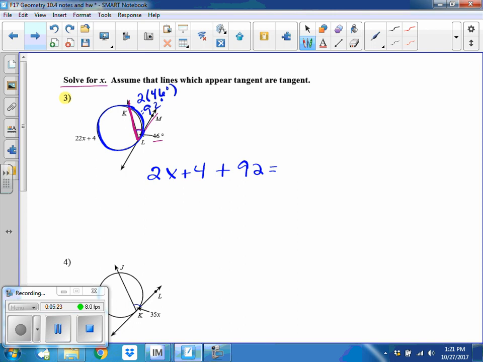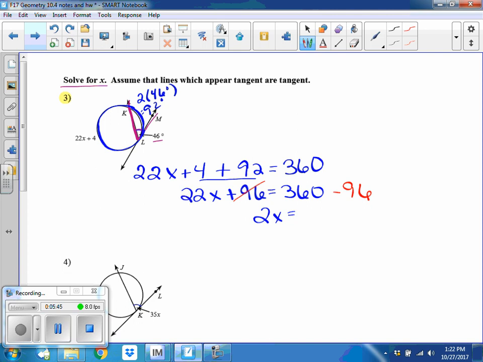All of that goes full circle, so it equals 360. We combine our like terms: 2x plus 96 equals 360. Subtract 96, and 22x equals 264. Then we divide by 22, and x equals 12.